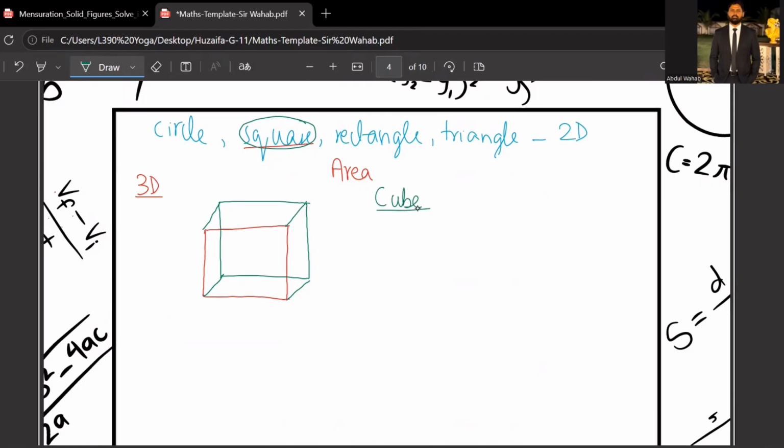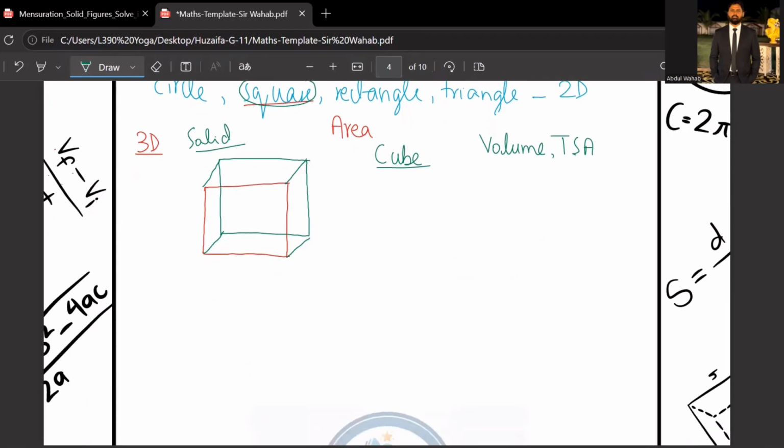Whenever we discuss the 3D figures, normally 3D figures are the solid figures. And for the solid figures, because these three dimensions are represented here, we focus on two main unknown values of these solid figures. One is the volume, and the second is the total surface area of that particular solid figure which is given in your question.